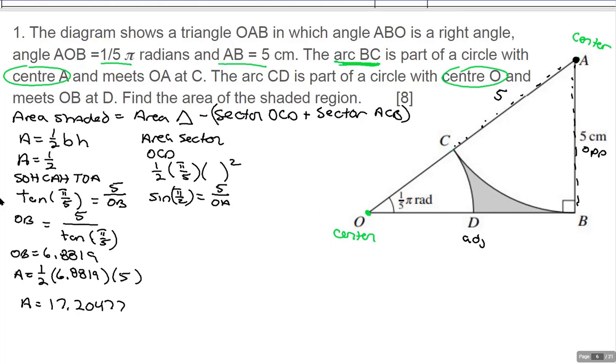In this case, that's OA, right? So just like we did before, I'm going to multiply both sides by OA and then divide both sides by sine pi over 2. This is going to end up being OA is equal to 5 over sine pi over 2. What do you get with that?